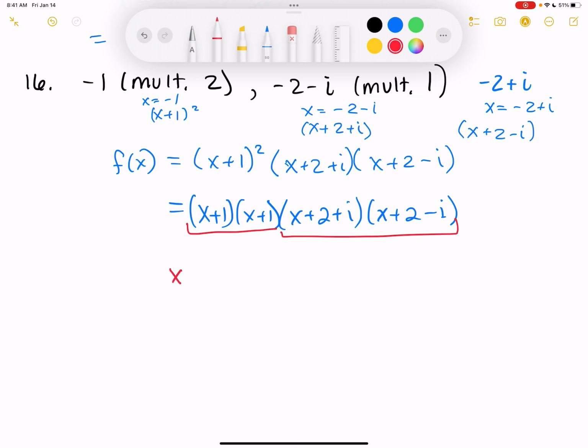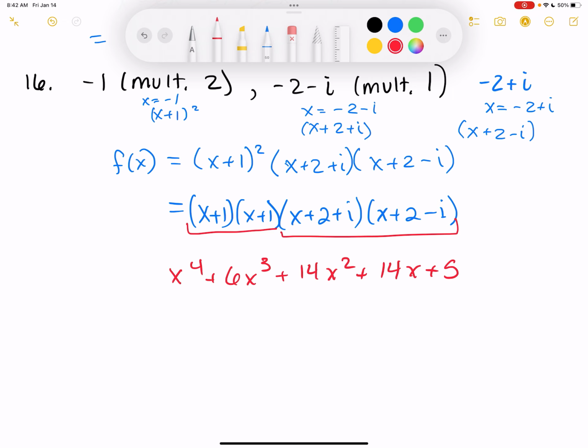Should be x to the 4th plus 6x cubed plus 14x squared plus 14x plus 5. Okay. I got it. That's okay, though. I also accidentally wrote 24. Do y'all want me to multiply it?